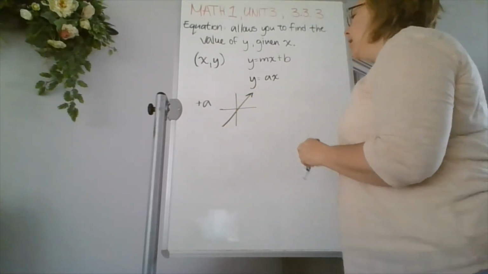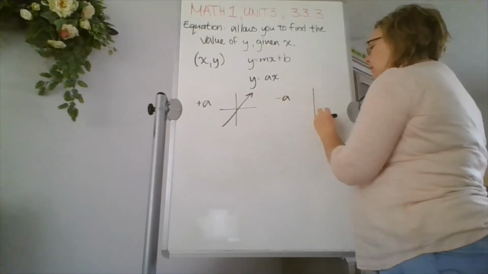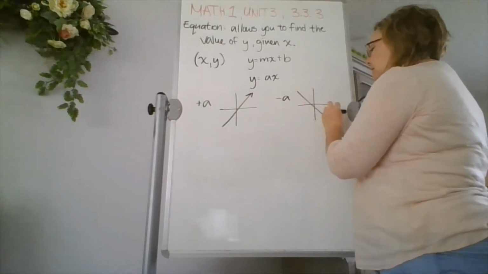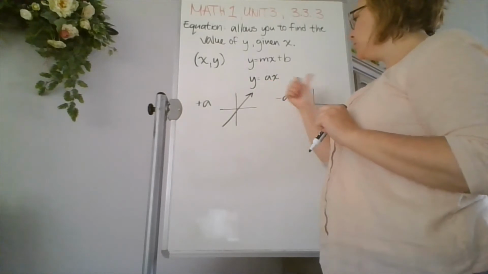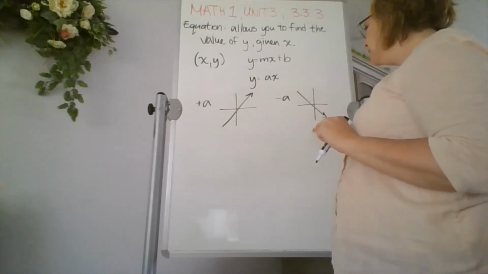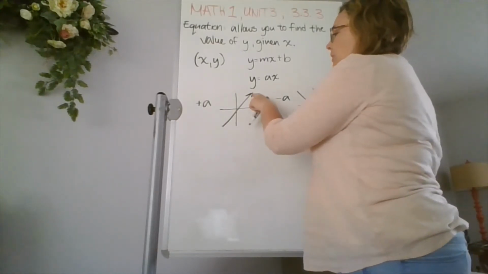If a is negative, then on your coordinate plane, going left to right, it will go down. So positive, it points up to the right; negative, it points down to the right. You could also say, if it's positive, that it is going down to the left.